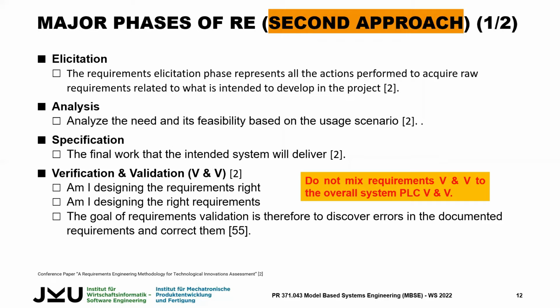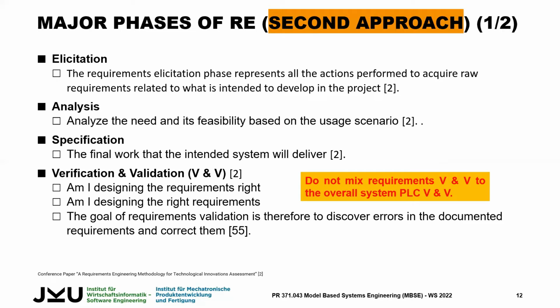And here, one thing. From my personal experience, I was always mixing up requirements verification and validation with the overall systems verification and validation. This is totally different. It is not the same.